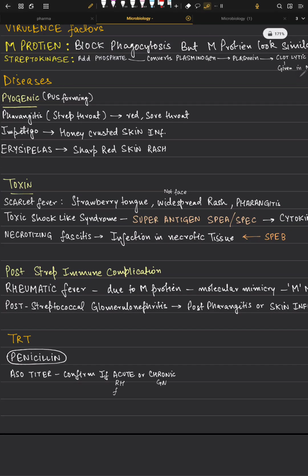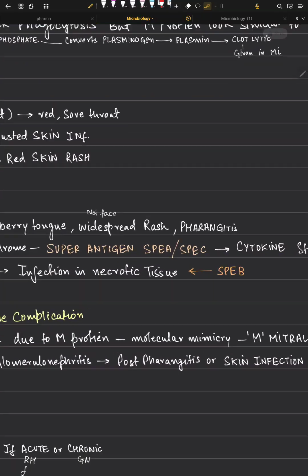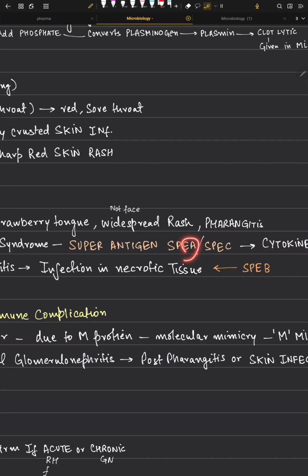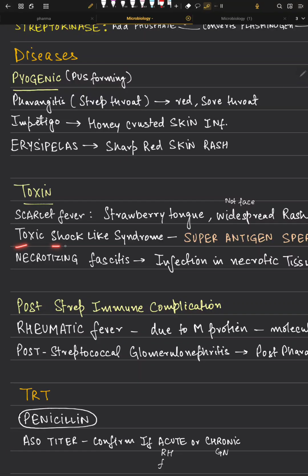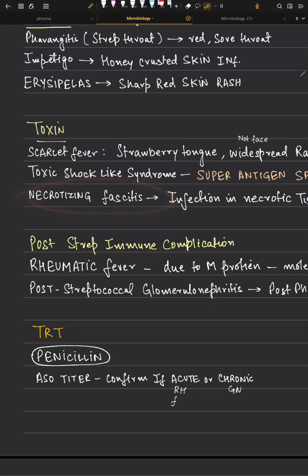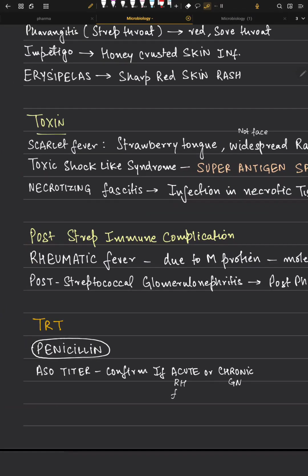This group A streptococcus has three subtypes: A, B, and C. Strep type A and type C can cause TSLS, and subtype B can cause necrotizing fasciitis. It's a very dangerous situation when infection is happening in the tissue, so we have to remove this body part.